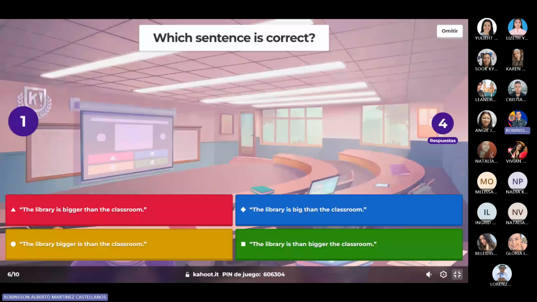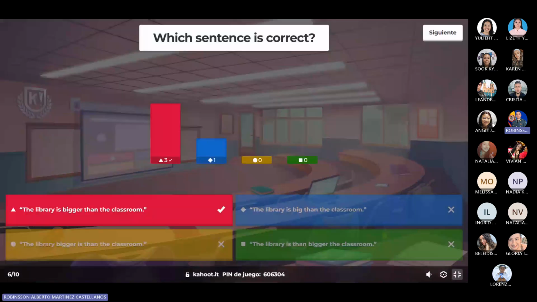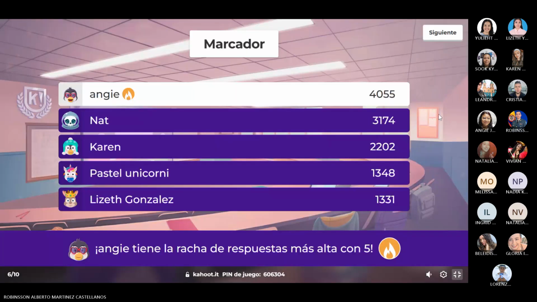The library is bigger than the classroom. Just one syllable, bigger. It's a comparative. Very good for everyone. Very good, Angie.